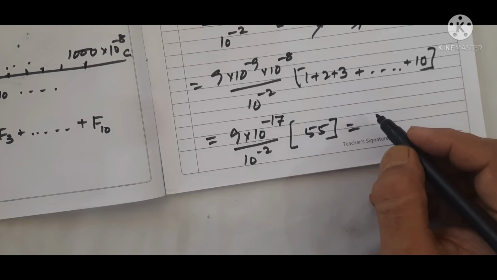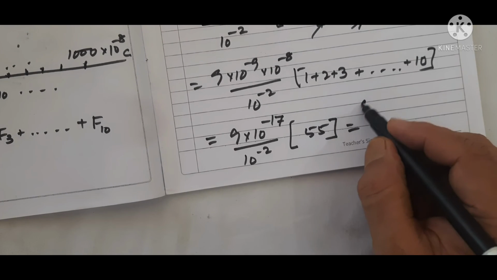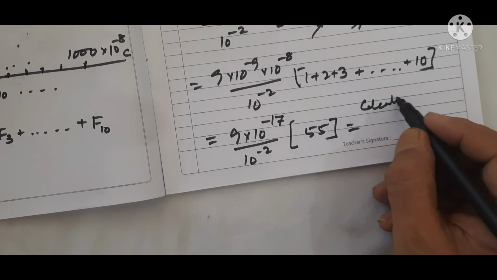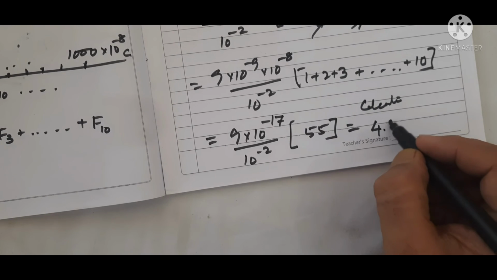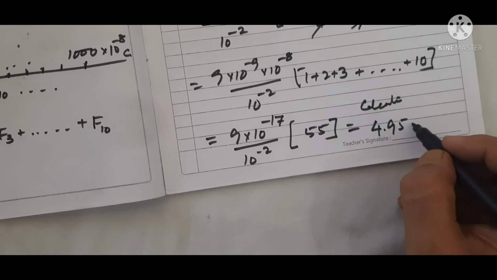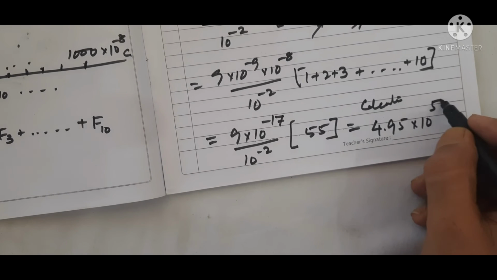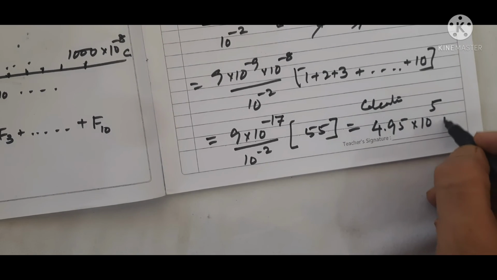After calculation you will get 4.95 into 10 to the power 5 Newton.